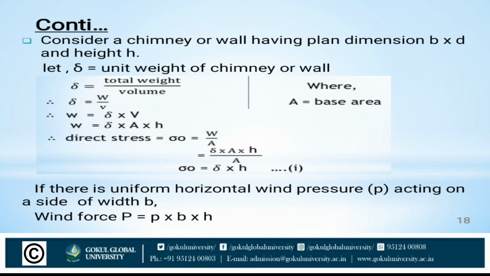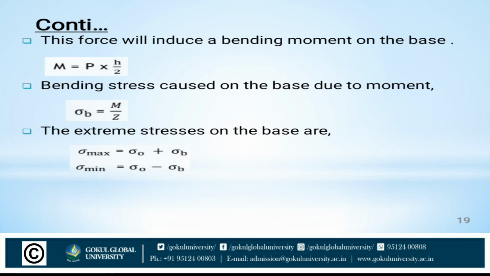If there is a uniform horizontal wind pressure p acting on a side of width B, wind force P is equal to p multiplied with B multiplied with H. So this force will induce a bending moment on the base.